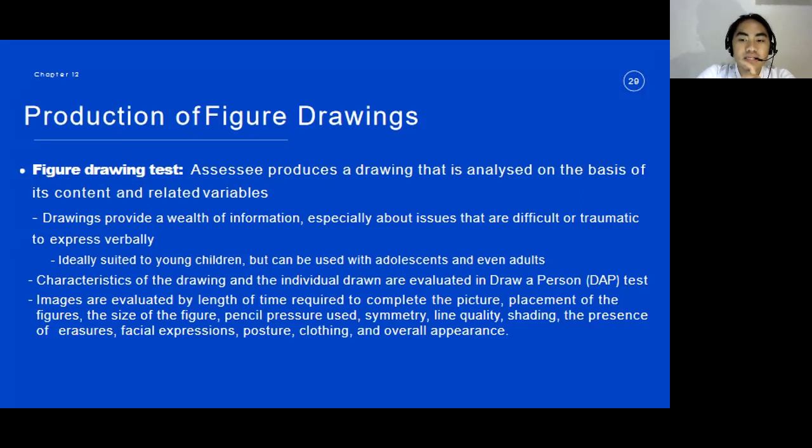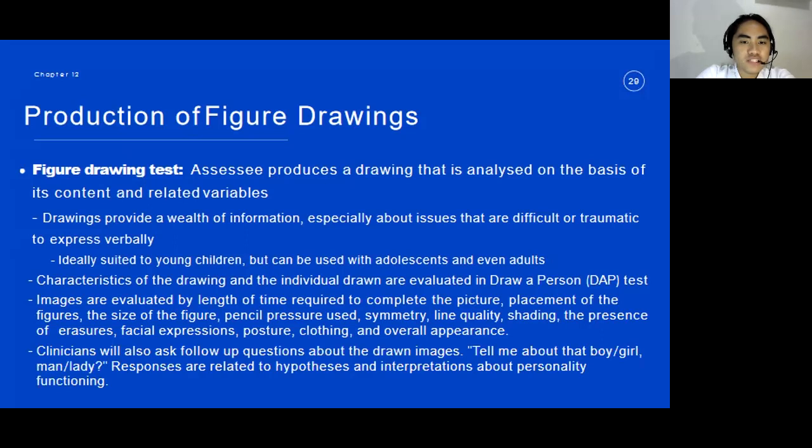We evaluate things like the placement of the figure, so are the two figures next to each other or very far apart. We're also going to evaluate the size of the figure, pencil pressure, symmetry, line quality, shading, and facial expressions. Actually, that is quite important. It is also important to look at the posture, clothing, and overall appearance of the drawing.